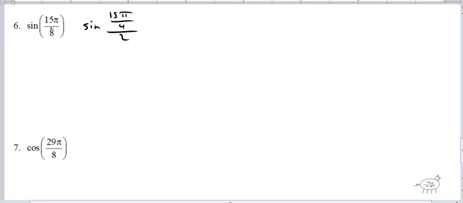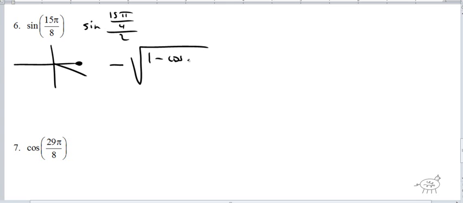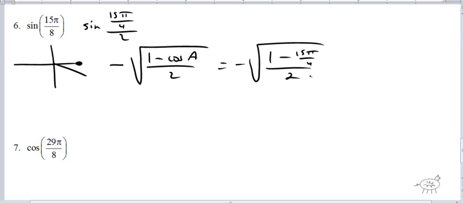Okay, so the original problem, 15 pi over 8, do you agree that 16 pi over 8 is here? That's a little bit less. And what's sine there? It's negative. So it's negative square root of 1 minus cosine of a over 2. So it's negative square root of 1 minus, and cosine of a again is 15 pi over 4 over 2. Oops, it's cosine of that.